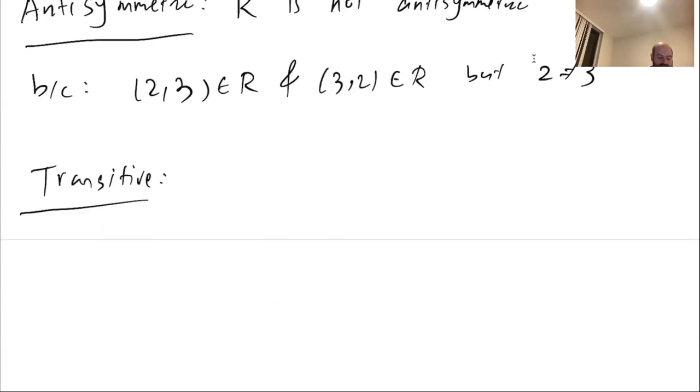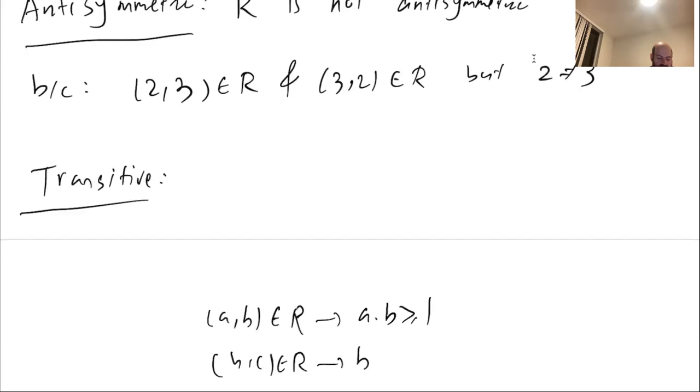Transitive, so let's say A and B is in R, that means A times B is bigger than 1. B and C in R means B times C is bigger than 1.